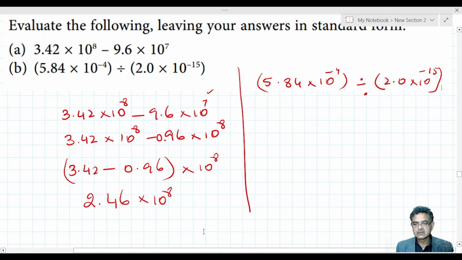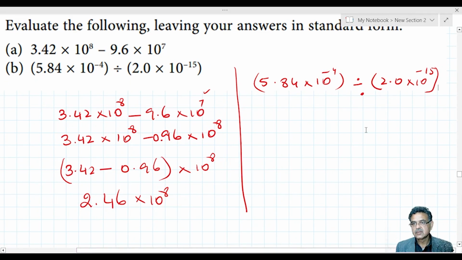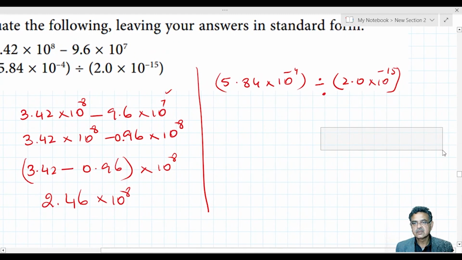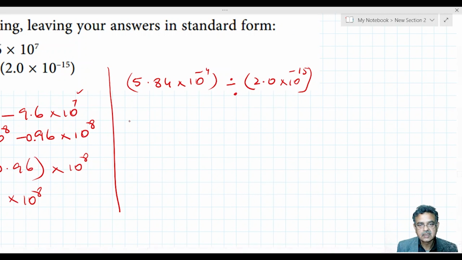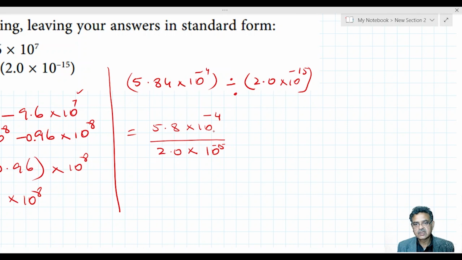Okay, so what we can do, we will write this value again in this way, 5.8 into 10 raised to the power minus 4 divided by 2 multiplied by 10 power minus 15.